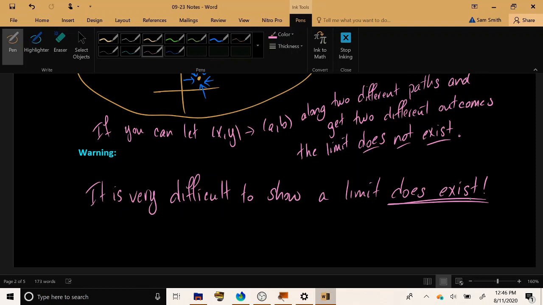Now, notice that you can't actually show this by plugging in all possible approaches of xy to AB, because there are infinitely many.